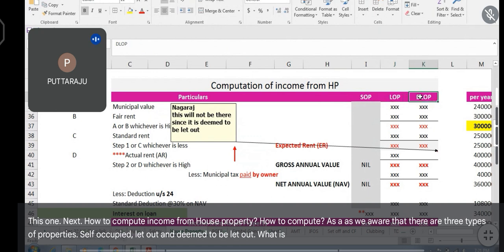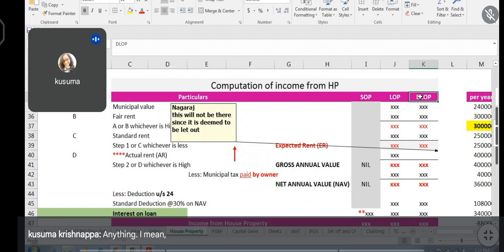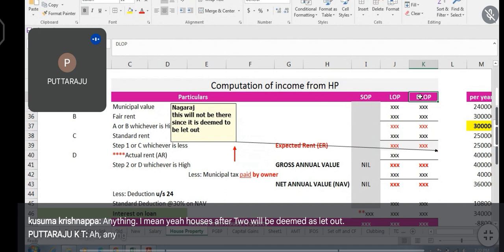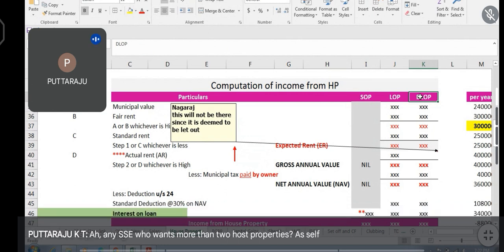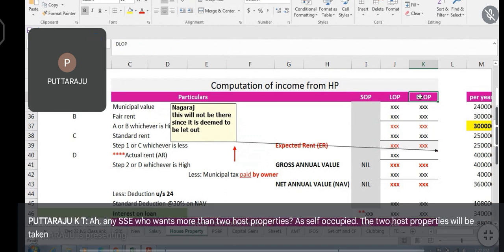What is deemed to be let out? The houses after 2 will be deemed as let out. Any assessee who owns more than 2 house properties, 2 will be taken as self-occupied. The balance house properties will be taken as deemed to be let out property.